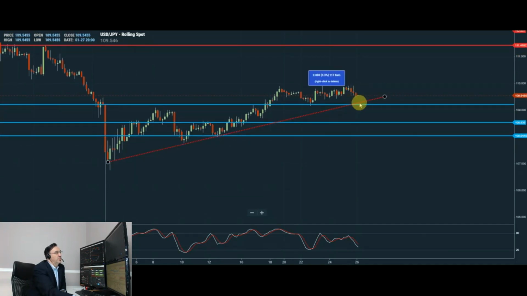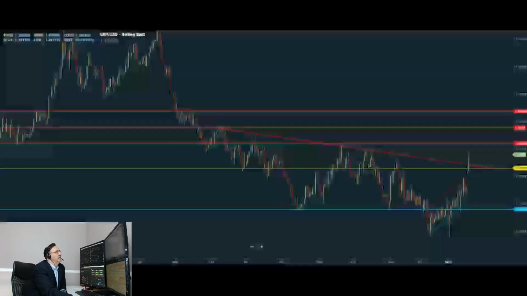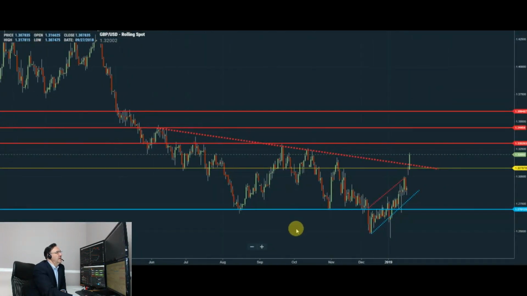Alternatively, a pullback and the end of day close and the loss of the 109.20, 109 support zone would negate this bullishness from the intraday point of view and potentially target deeper downside support towards 108.50, possibly even 108 to the downside.